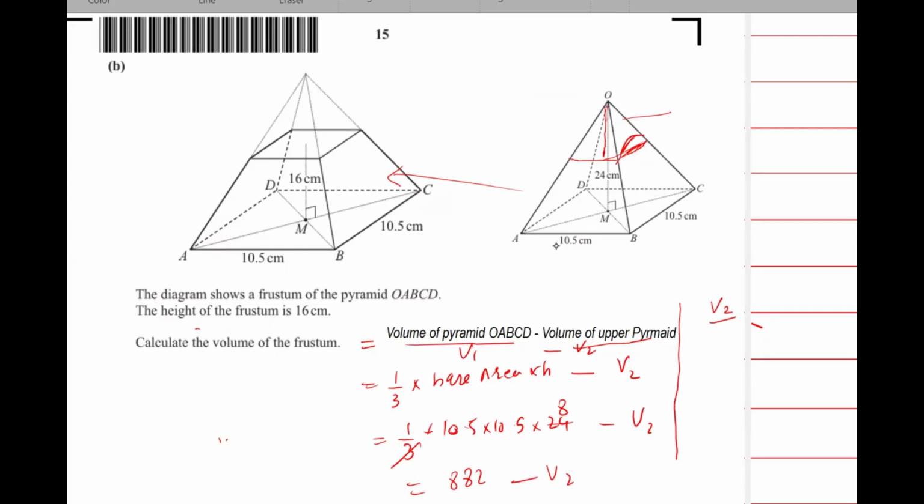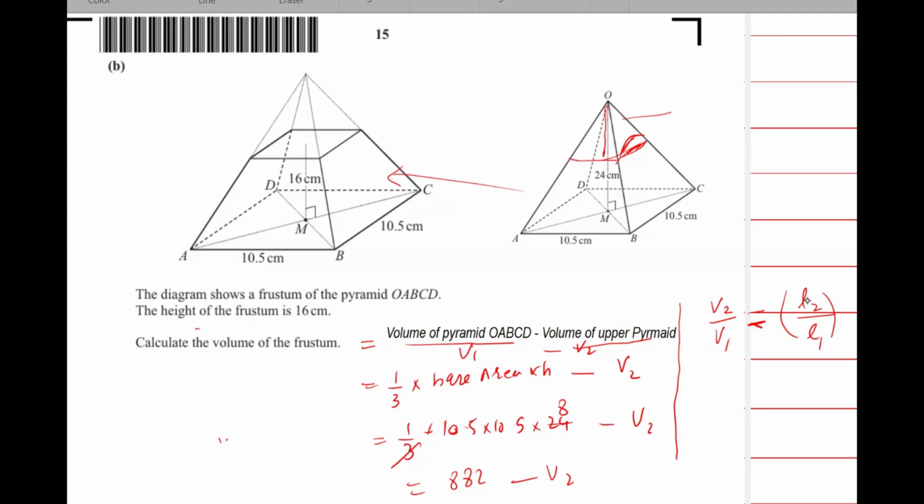The volume of upper pyramid we represent by V2, and we have to calculate this volume, and the volume of bigger pyramid OABCD we represent by V1. When we take the ratio V2 over V1, this ratio will be equal to the corresponding ratio of L2 over L1.